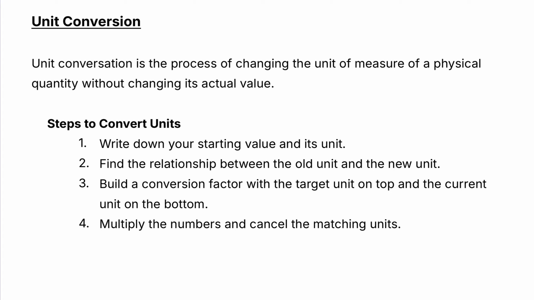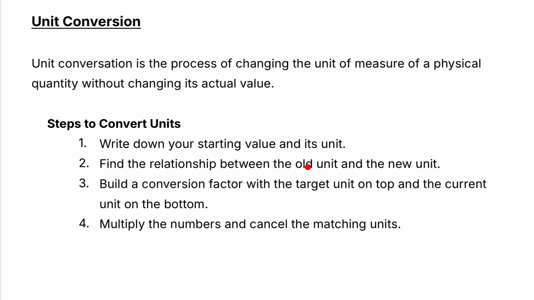Now I've outlined the steps that you should follow to convert units. Okay, so you want to write down your starting value and its unit. So whatever is given to you, you start with that. Then, this is the hardest part, you're going to find the relationship between the old unit and the unit that you want to go to. Okay, in some cases, you might have to take 2 or 3 or even 4 steps to get there.